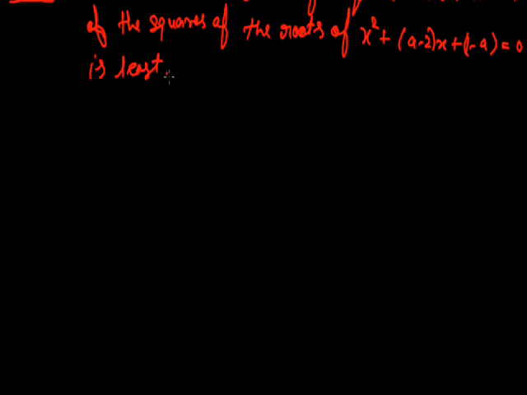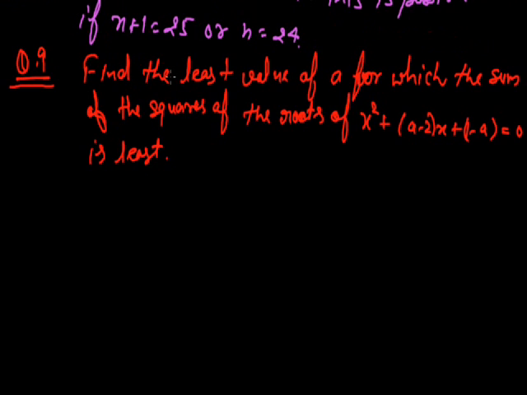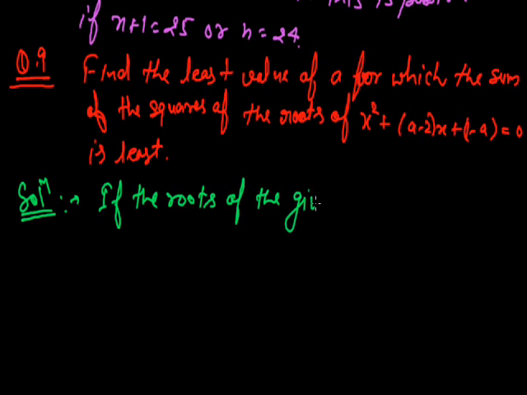Now we have given the sum of the squares of the roots. Suppose the roots of the given equation are alpha and beta.